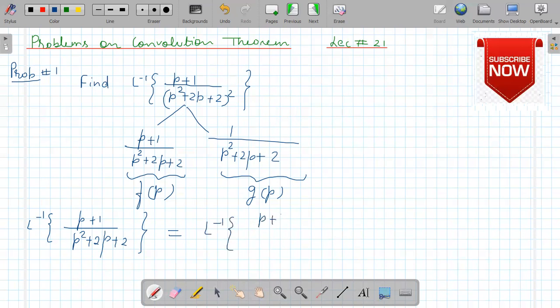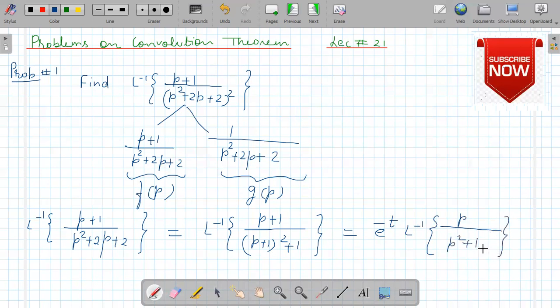So this is p plus 1 and this is (p plus 1) whole square plus 1. By the first shifting theorem, it is equal to e raised power minus t into the Laplace inverse of p over (p square plus 1). Its Laplace inverse is obviously cos t. So this whole is our ft.